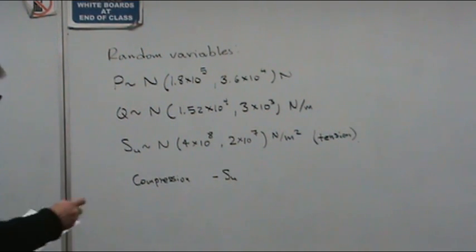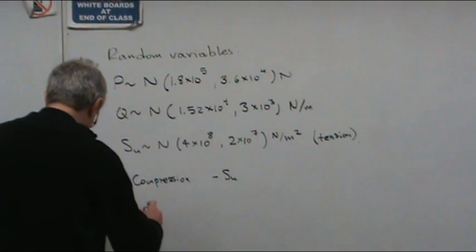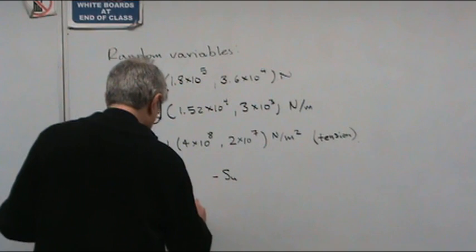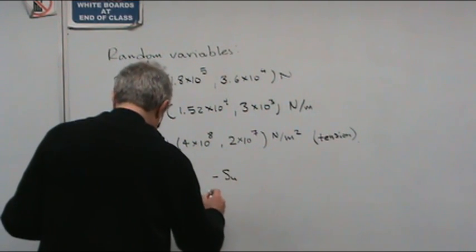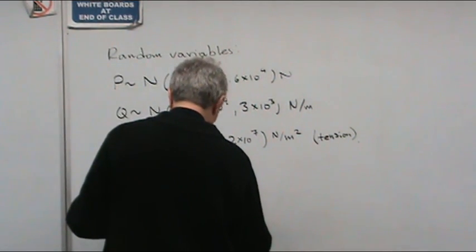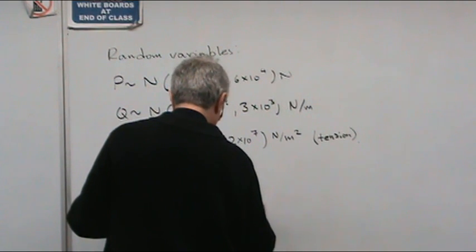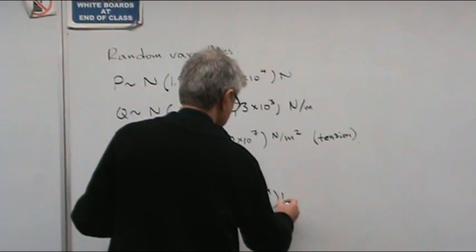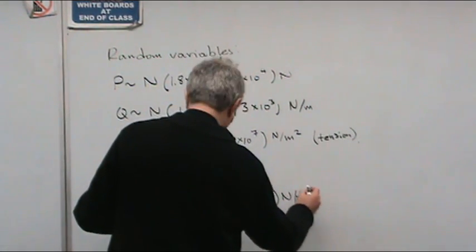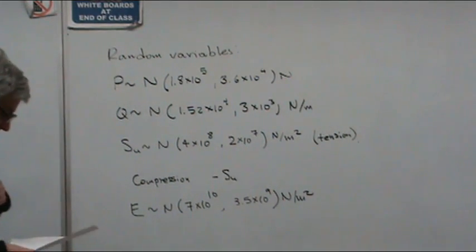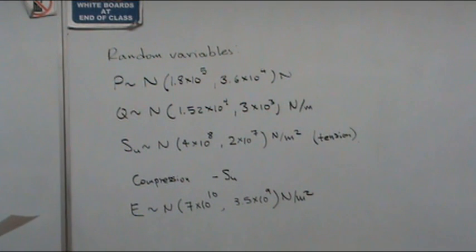And we also have the Young modulus, which is another random quantity normally distributed, and standard deviation 3.5 by 10 to the 9th. This is also pascals.